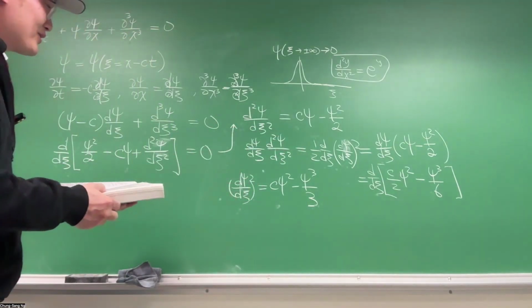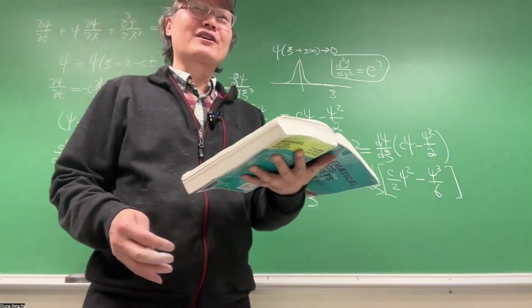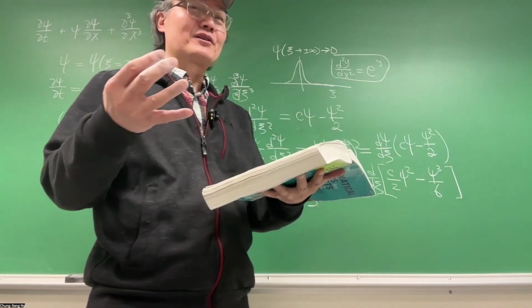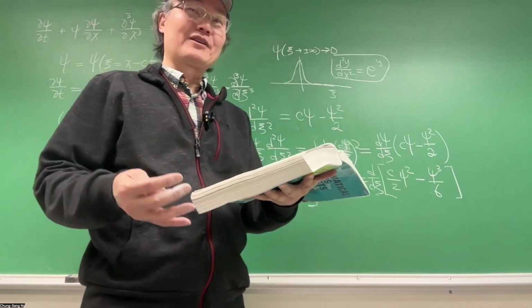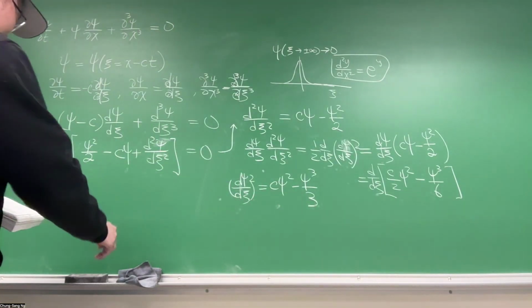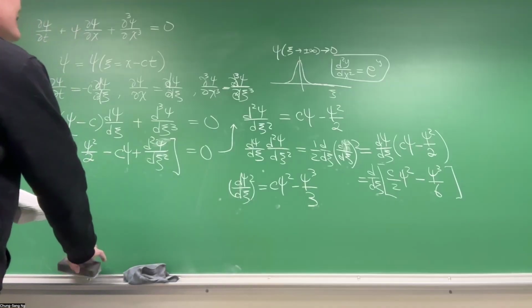Then you can just use the trick that we check your solution. After you get a solution, you want to check it anyway. If you plug it in and it satisfies the equation, then it's a solution, right? So why don't we just do that? Just check the solution in your textbook.